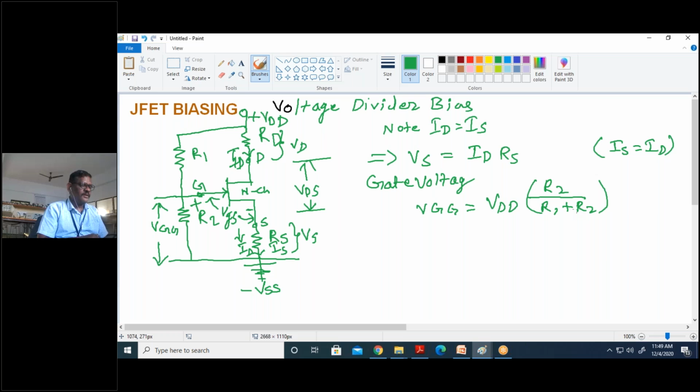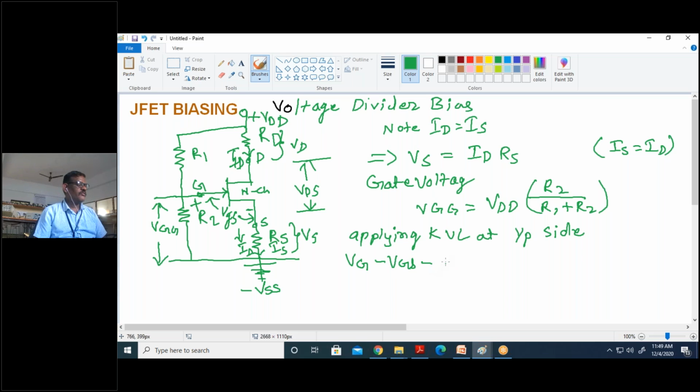Applying KVL to the input side. Note down, applying KVL at input side, VG minus VGS minus VS is equal to 0. Incoming voltage equal to outgoing voltages.